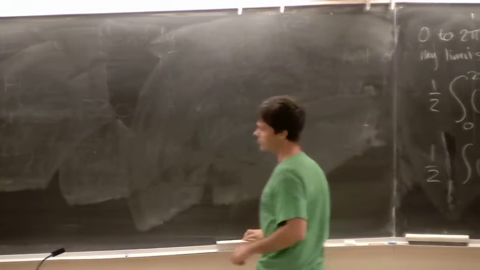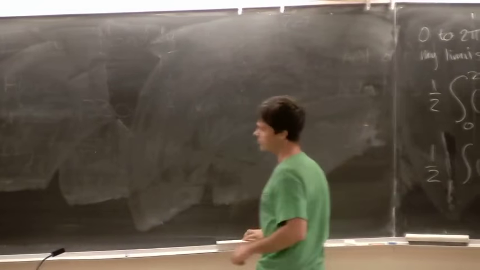Okay, let's see. Sine is 0 at pi, so x must be pi over 3. So this point, you guys in the back can see this, is pi over 3 right here.